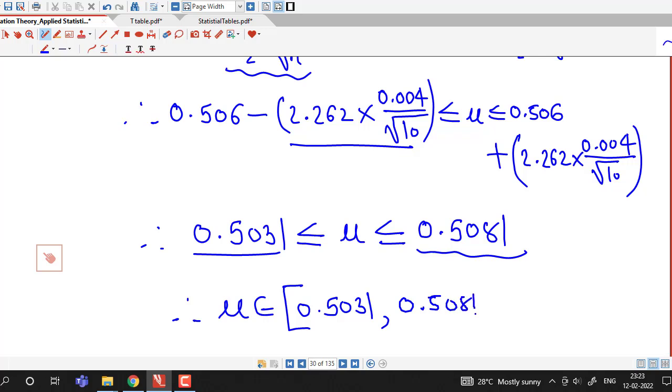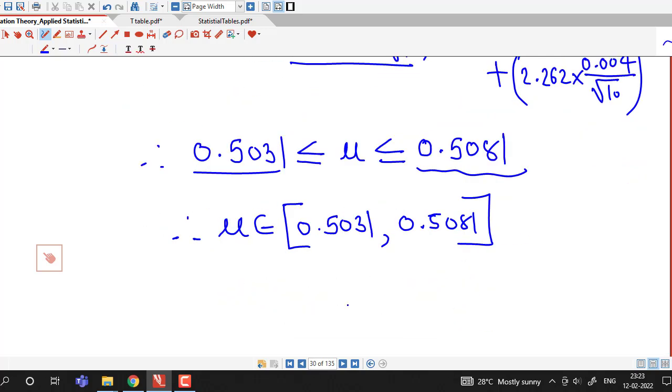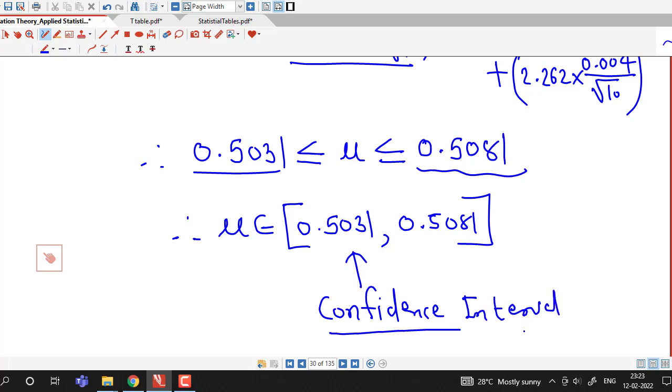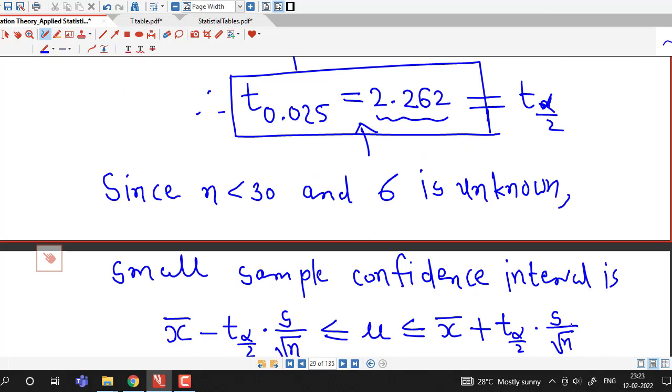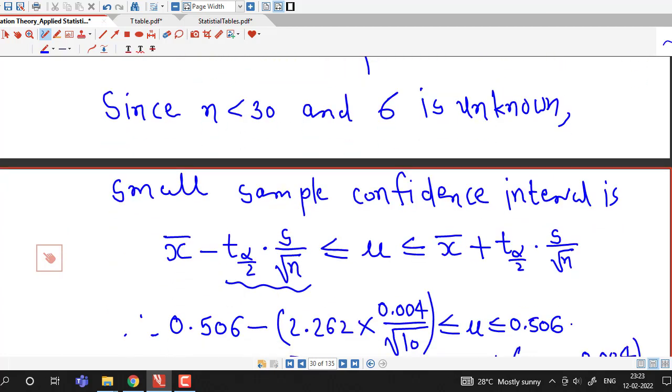So this is the required confidence interval. We were asked to construct the confidence interval and we are able to construct it for a small sample. So in this way we can construct the small sample confidence interval.